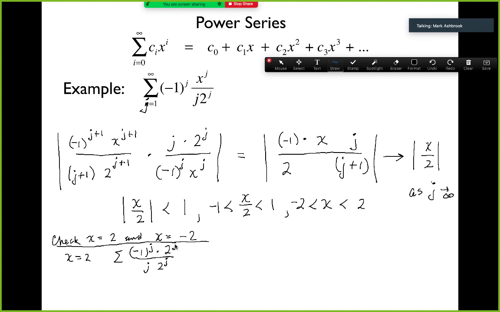And so notice you have 2^j over 2^j, which is 1. And so then I have (-1)^j over j. Converge or diverge, and why? Converge, because it actually is the alternating harmonic series. We know that converges.